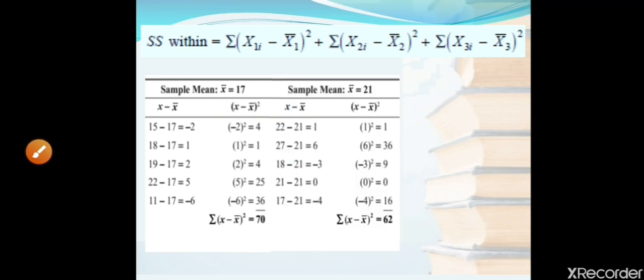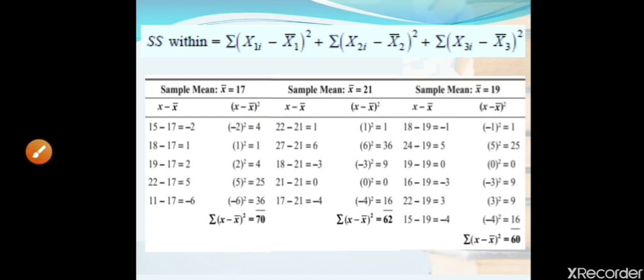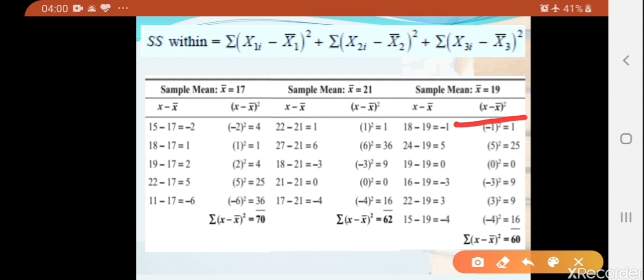Then for second sample, x is 22, mean is 21, 27 minus 21, all the deviations. Then we will sum all the deviations, and that comes out to be 62. And similarly for sample number 3, sum of square of deviations comes out to be 60.